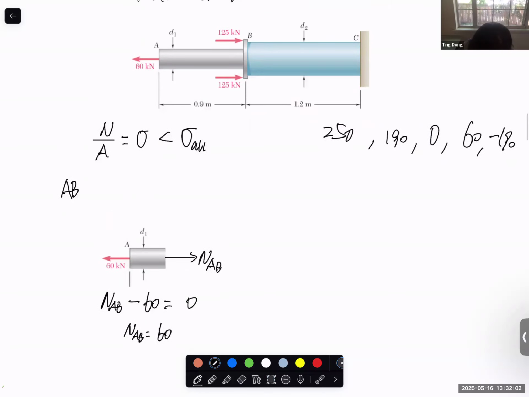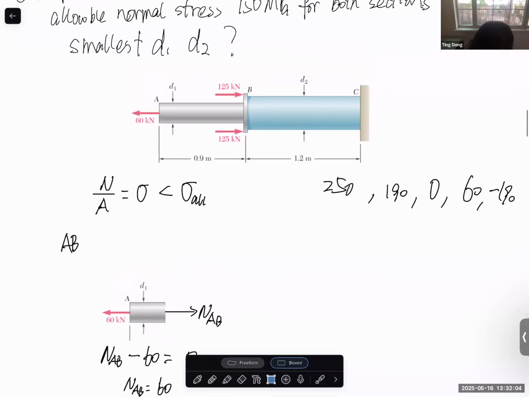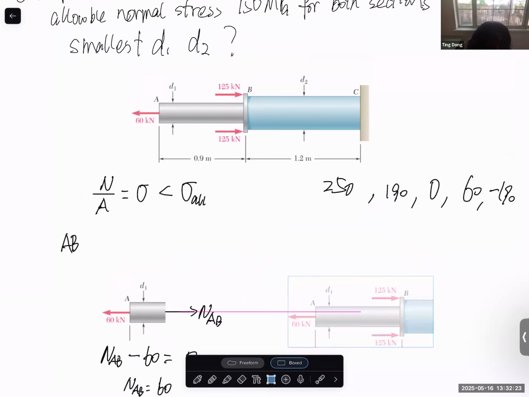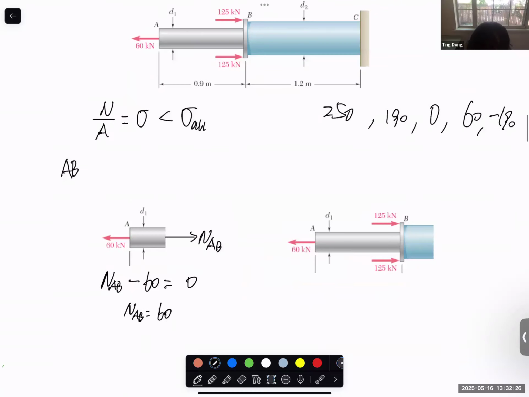And for the BC rod, we need to consider either the entire left side or the entire right side. So if you use the entire right side, you need to calculate the reaction force first. So let's do this. Now here I have normal force in the BC section.